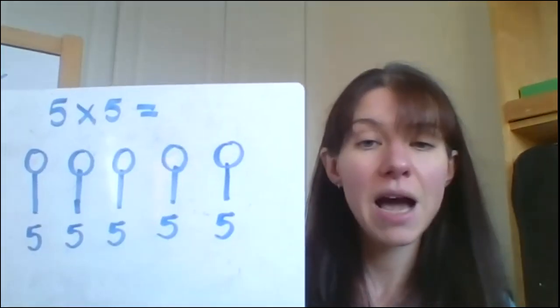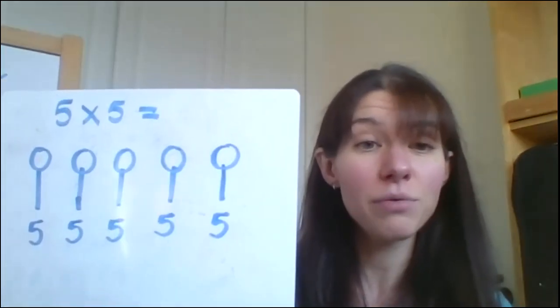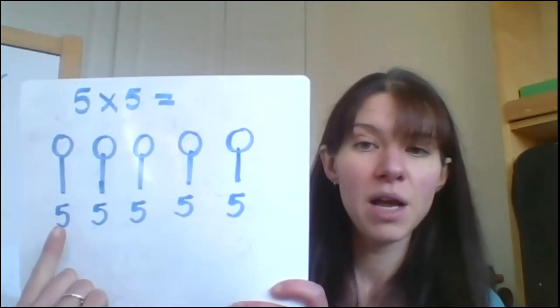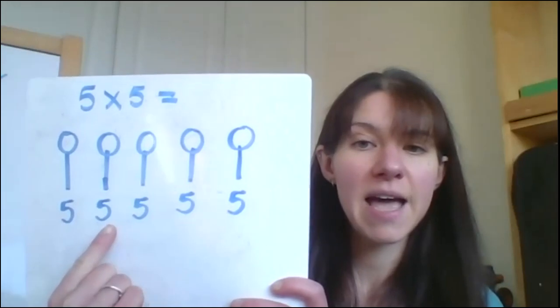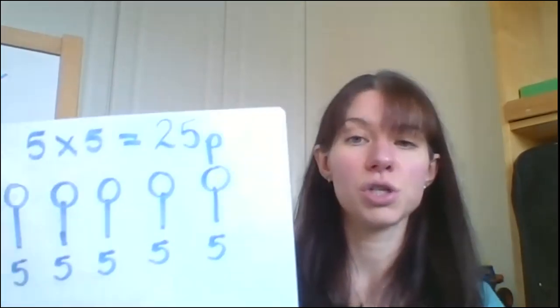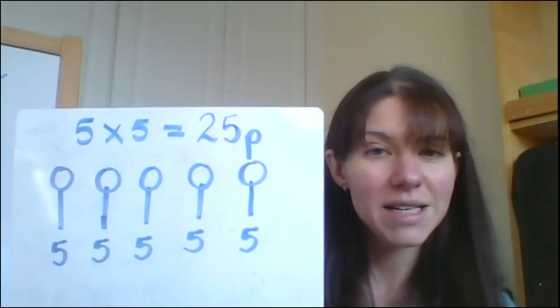There we go. We need to count them to work out how many all together. Get my pointy finger ready. We've got 5, 10, 15, 20, 25. So all together, because it's money, the lollipops would have cost 25 pence.